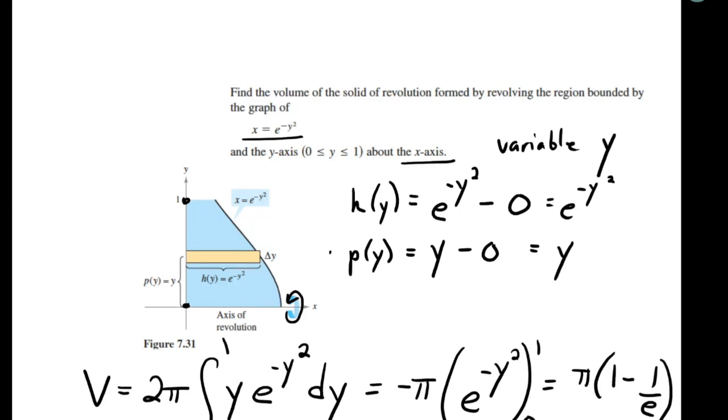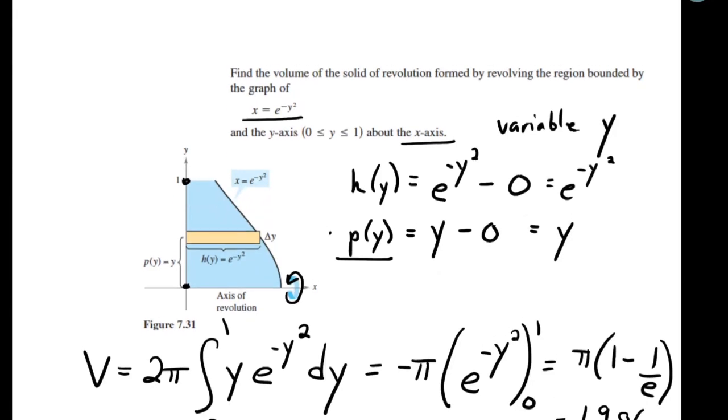So you can see the hardest part is probably just finding what's your radius, in which case it's always your variable that you're working in minus the axis of revolution, and what's your height, and your height is just the difference between your top and your bottom, or your right and your left of your function. And once you have those two things, it's 2 pi p times h dy, wherever you're going. Not too bad.